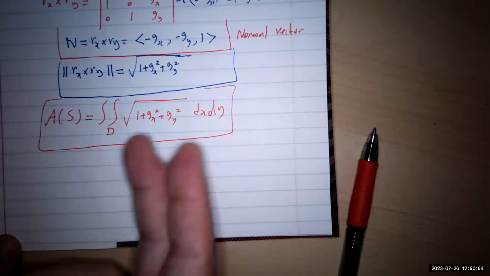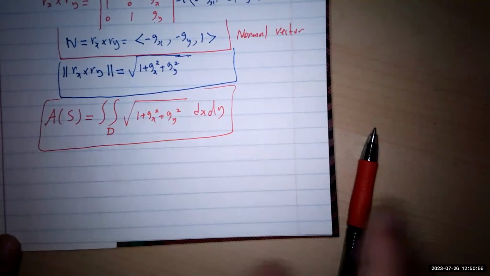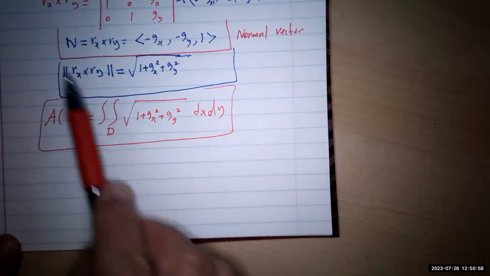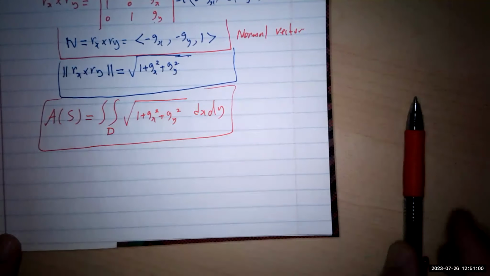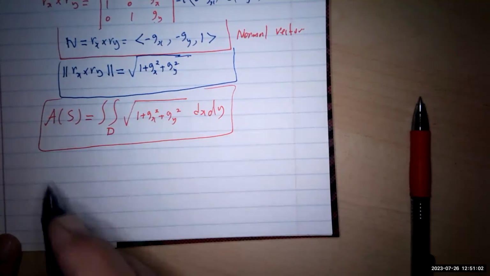This is, of course, for the scalar function, so we can make it more general. What we did really is just the norm of the normal vector. So we can extend it.